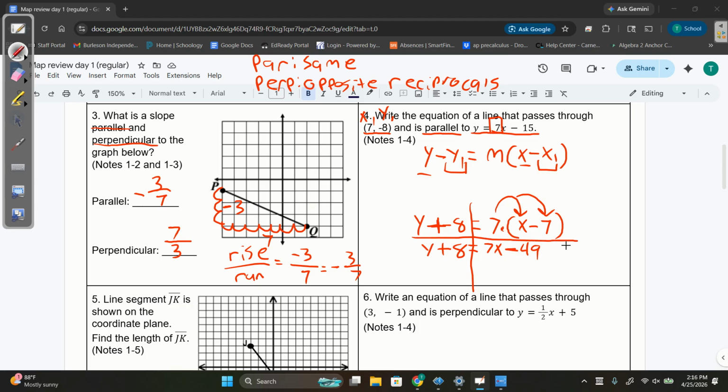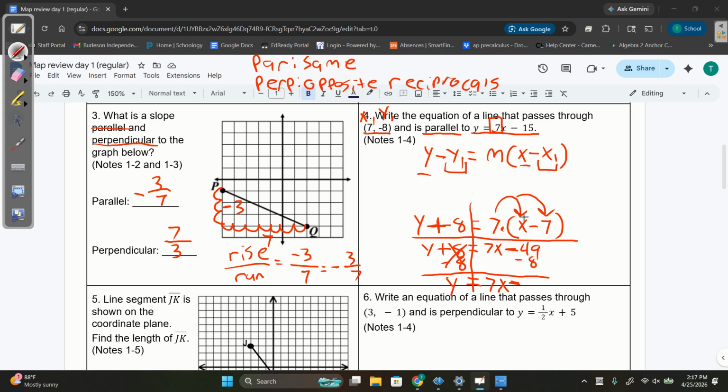Now my goal here is to get the y all by itself. So I'm one step away from finishing. I want to ask myself, how do I get rid of plus 8? Well, the opposite of plus is minus. So I subtract 8 from both sides. And whenever I do this, negative 49 minus 8, because they're both negative, I'm going more negative.